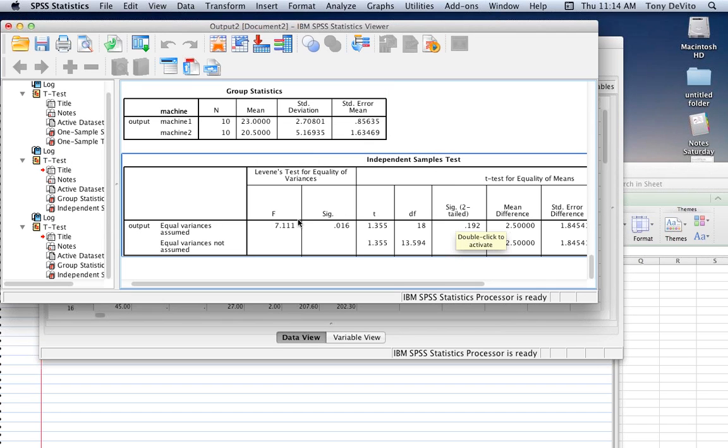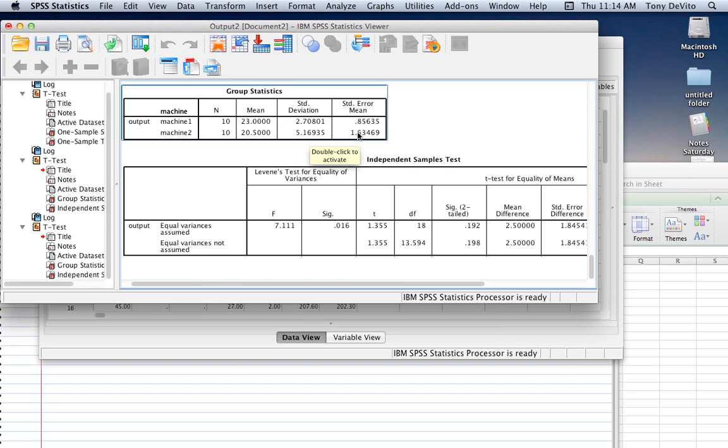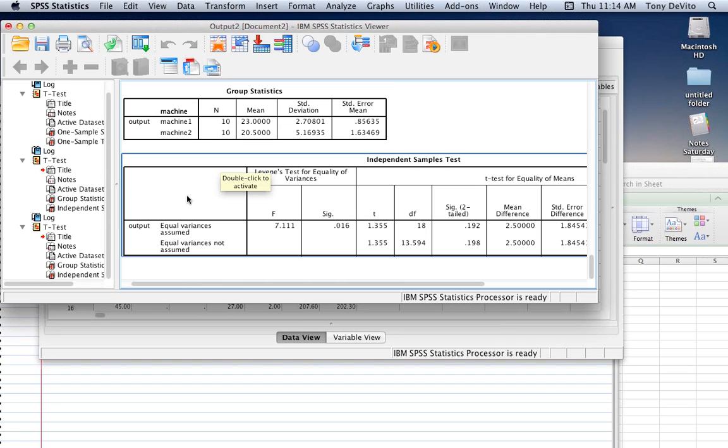Okay, this time, the first thing we got to do is take a look to see if our variances can be considered equal or different. We start off with the assumption that these have equal variances, and we're going to use this top line. What's the probability of being wrong if we reject that hypothesis, that the variances are equal?